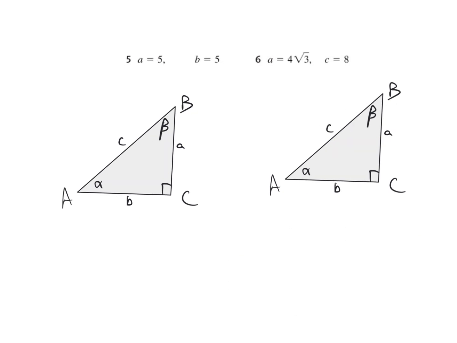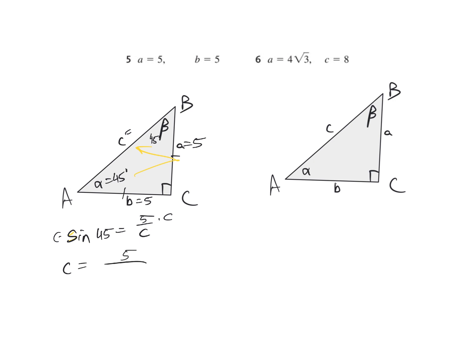Moving on. Number 5, A equals 5, B equals 5. Okay, so since those are the same, that means these are 45 degrees. Okay, so we found those. Now to get C, again, I'm going to use trig functions. I'll use the opposite over hypotenuse, so the sine of 45 degrees is 5 over C, multiplied by C, and then divide by sine of 45.